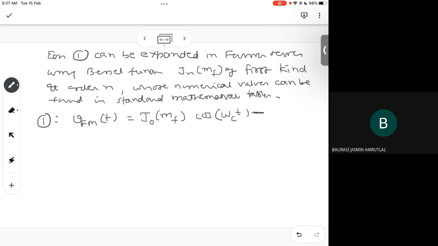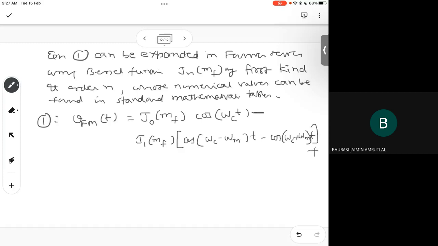J_0 is the first expression. Then we have an expression based on J_1: J_1(M_f) times cos of (omega_c minus omega_m) t minus cos of (omega_c plus omega_m) t. This is how we expand this series.